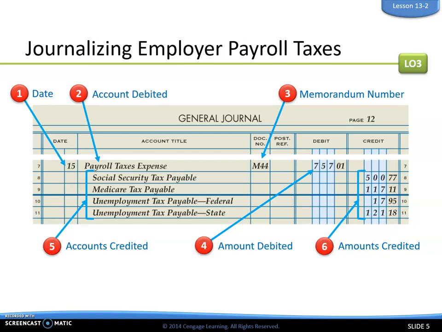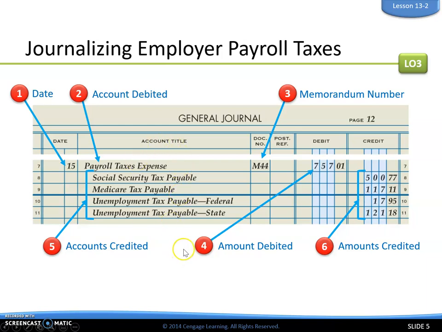Now, the big thing that I would say students get confused with in Chapter 13 is that in the previous 13.1, we looked at the payroll expense. That was where we had our salary expense and we paid cash to our employees and we withheld all of their taxes.